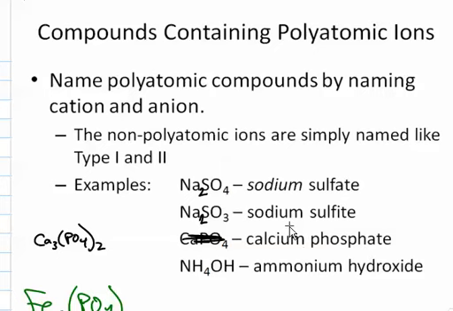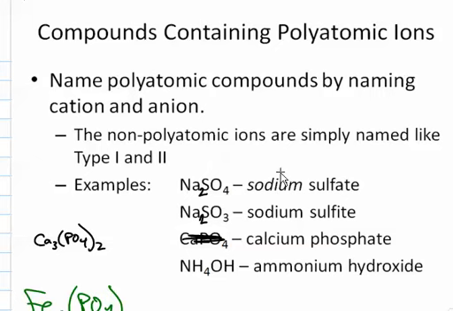Calcium, being a group 2 metal, has a +2 charge, and so we would need to bring these together in a 3:2 ratio. Notice here that the phosphate group is in parentheses with a subscript 2 outside the parentheses. This indicates that there are 2 phosphate ions within the formula unit of this compound, or 2 moles of phosphate for every 1 mole of calcium phosphate.